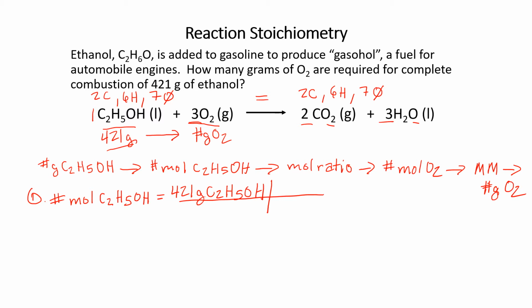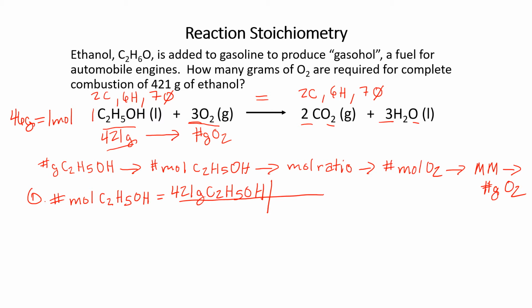We got 2 carbons, so that's 24 grams, 6 hydrogens, so that's 6 grams, and then 1 oxygen, that's 16 grams, so that gives me a total of 46 grams equaling 1 mole for that particular substance. That's the molar mass of ethanol.